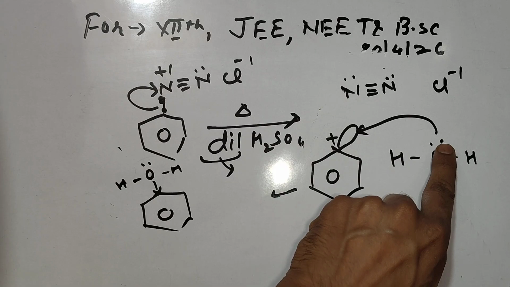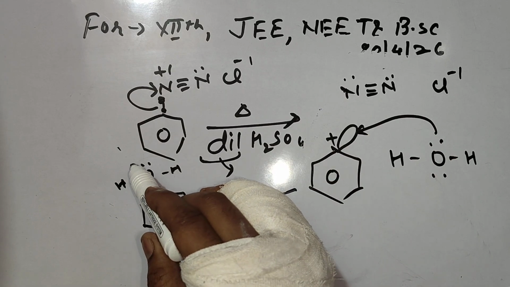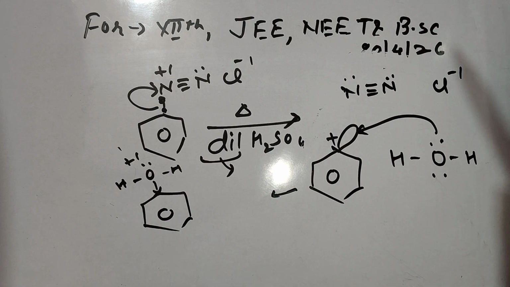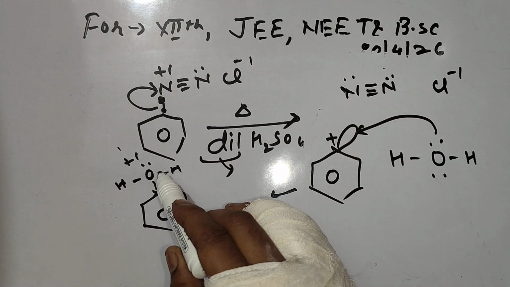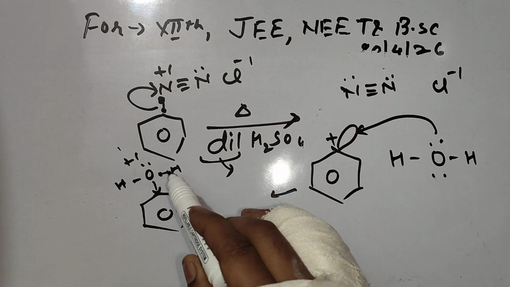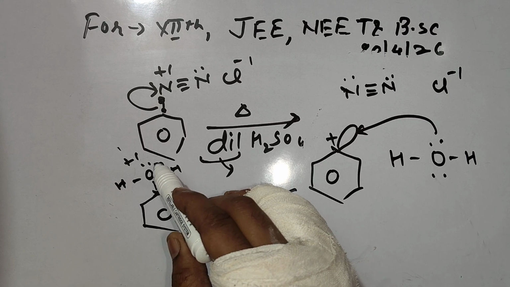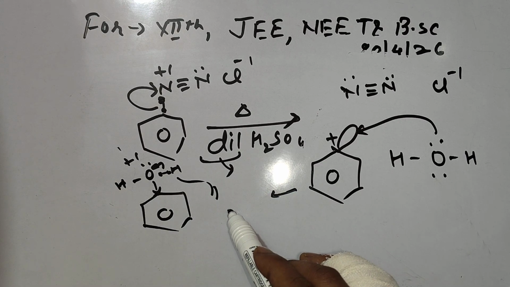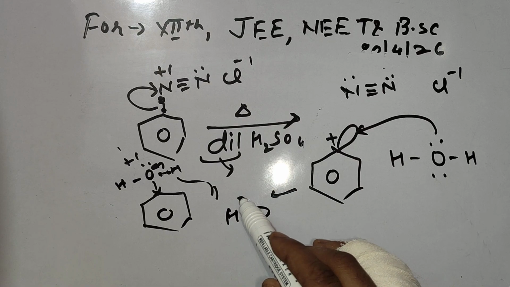Because it has shifted one electron completely toward carbon, what charge will develop? +1. As you know, oxygen with +1 is unstable. What will it do? It will break its bond from hydrogen. When it breaks the bond from hydrogen, both electrons shift toward itself and hydrogen is released as H positive with a vacant orbital.